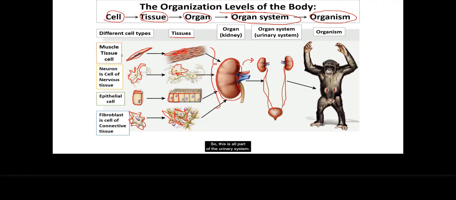So this is all part of the urinary system. And different organ systems, including the urinary system shown here, together with other organ systems, will make the whole organism. So this is what you need to know, this level of organization of complex animal bodies, for example.